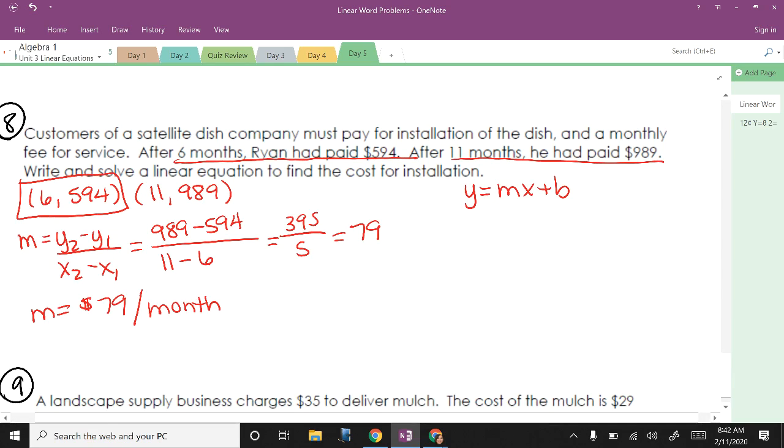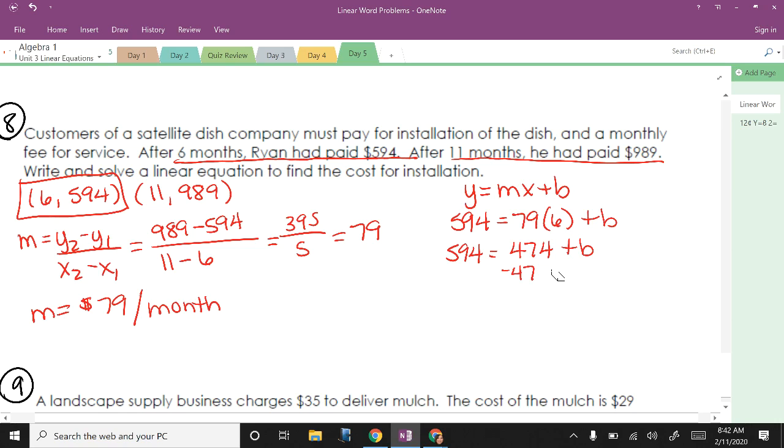All right, just make sure you use the x and y from the same ordered pair. So if I use the smaller one, what's my y value? 594 equals, what's my m? 79 times what's my x? 6 plus b. I need to know what 79 times 6 is. 474 plus b. And now how do I solve for b?